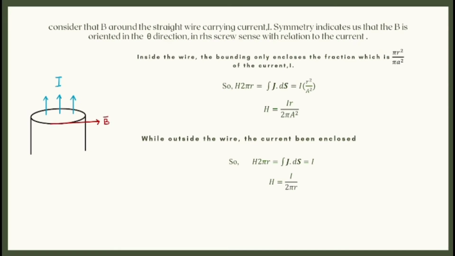Consider B around a straight wire carrying current I. Symmetry indicates that B is oriented in the theta direction in the right-hand screw sense with relation to the current. Inside the wire, the boundary only encloses the fraction pi r squared over pi a squared of the current I. So, we get H.